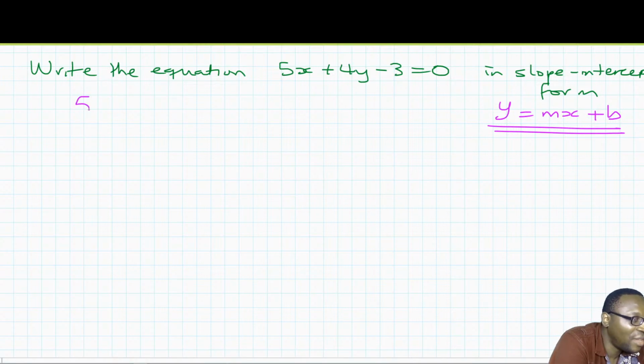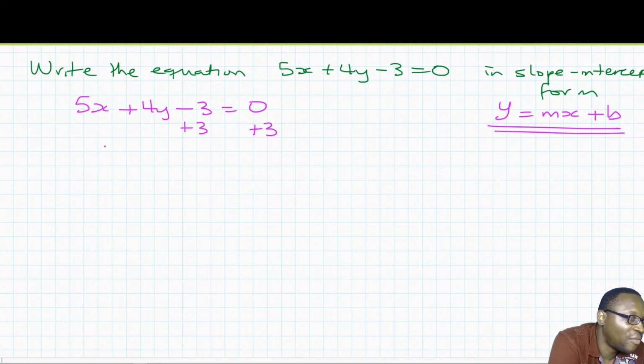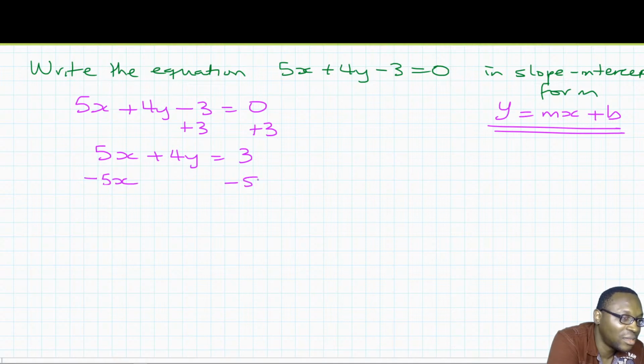So I have 5x plus 4y minus 3 equal to 0. What I'm going to do in this case is I'm going to add 3 to both sides first. So 5x plus 4y equal to 3. Then I'll subtract 5x from both sides.